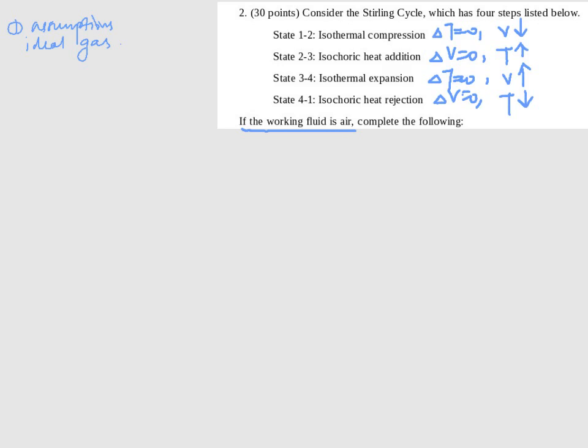If we make this assumption, then we can use PV equals RT later in our calculations. The second one would be constant mass, since we're dealing with a cycle.